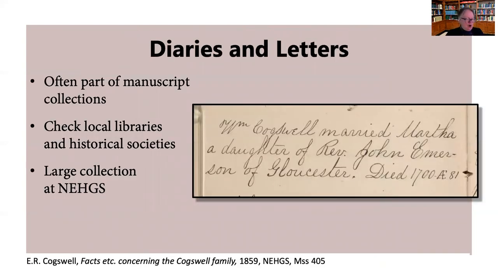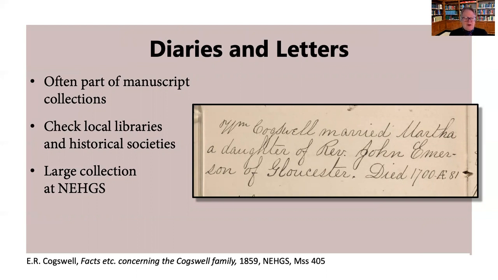Diaries and letters may also be useful for finding maiden names. Diaries and letters are typically part of manuscript collections, so do check your local historical society for their holdings. You may have to plow through a fair amount of text to find what you want, but the work is often worth it.